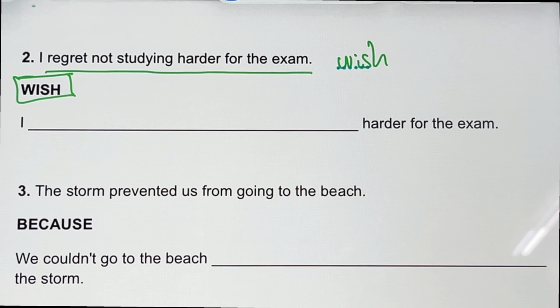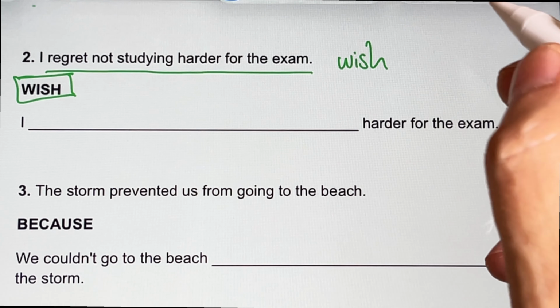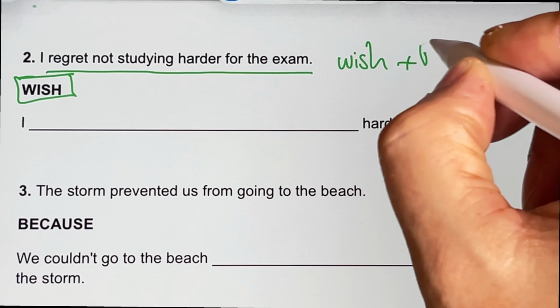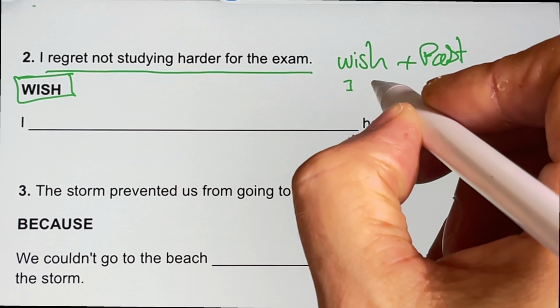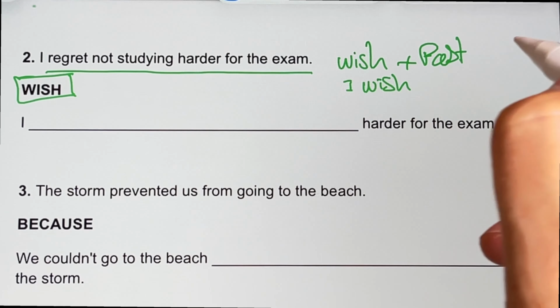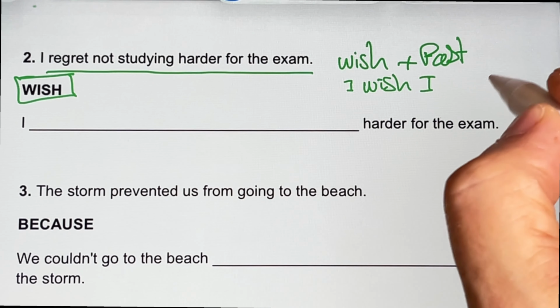If we make a wish in the present, it will be wish plus past simple. So it will be, I wish I was taller. Because I wish now that I was taller.